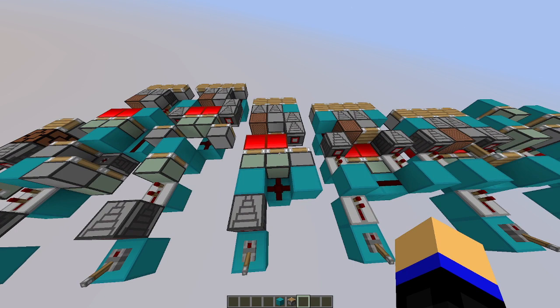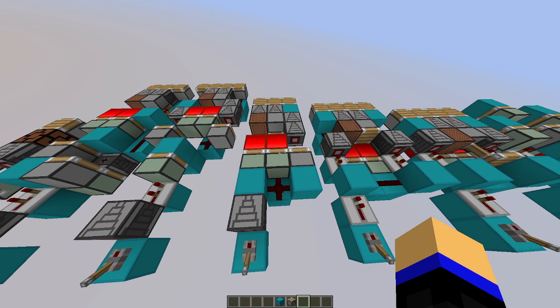But then, what happens when the sticky piston, instead of extending at a very short pulse length, 0 to 1 tick or 0 to 2 game ticks, extends with at least a 1.5 tick or 3 game tick pulse? Well, we are going to use piston activation delay now.